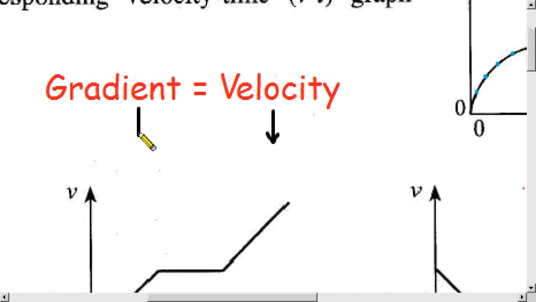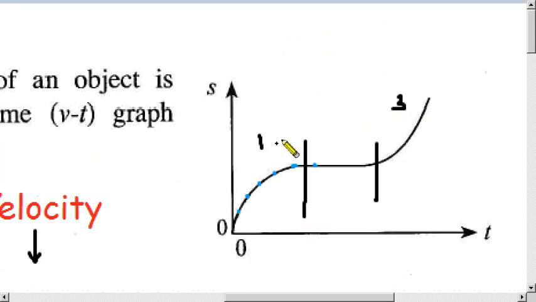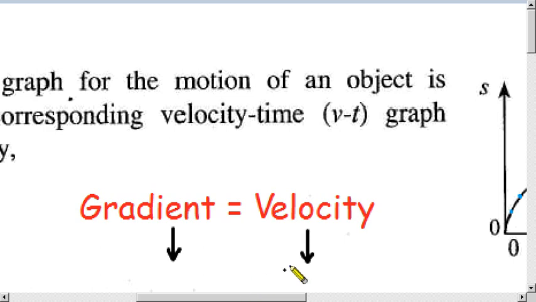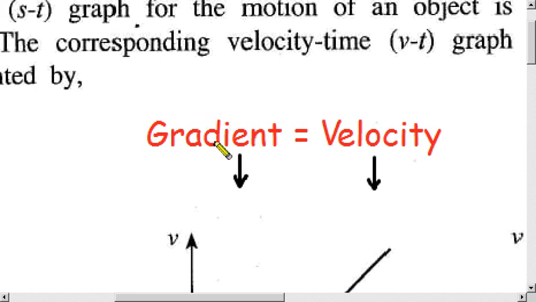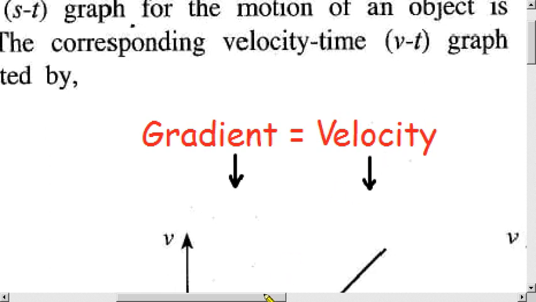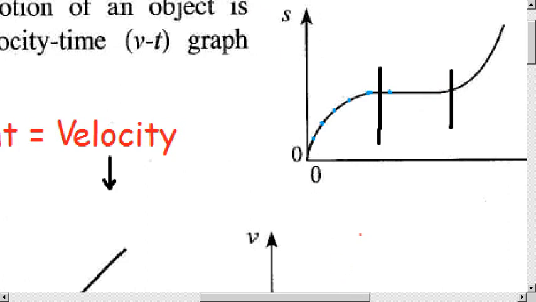So we saw now the gradient is decreasing along this first part of this graph. This one is the second part, this one is the third part. First, second, third. Let us divide this graph like this into 3 parts. In the first part we saw that the gradient is decreasing. So according to this rule the velocity must decrease in this first part. And also there is a sign for the gradient.